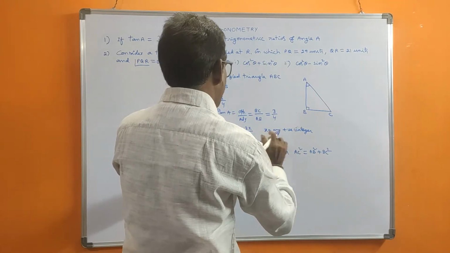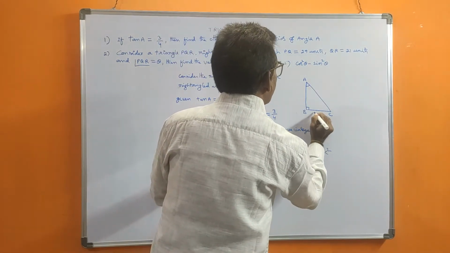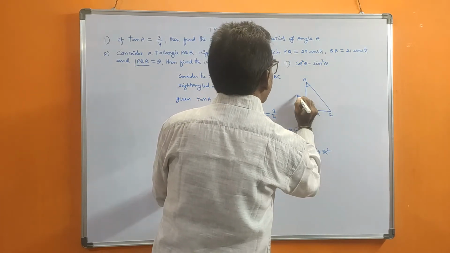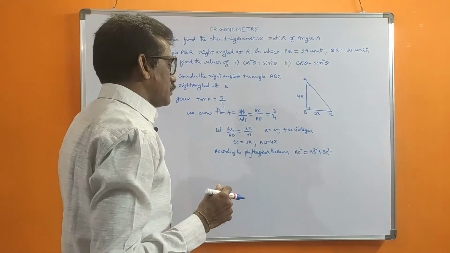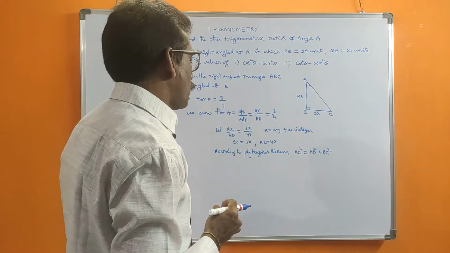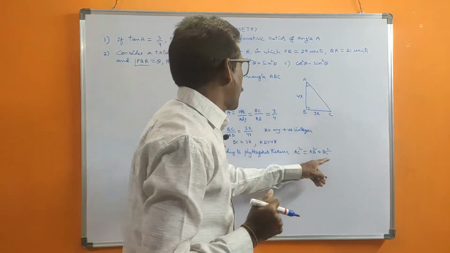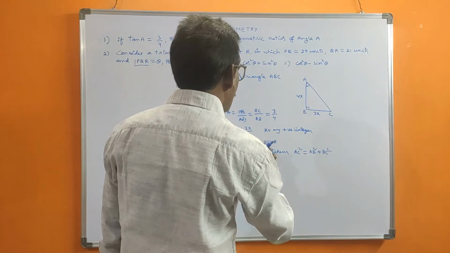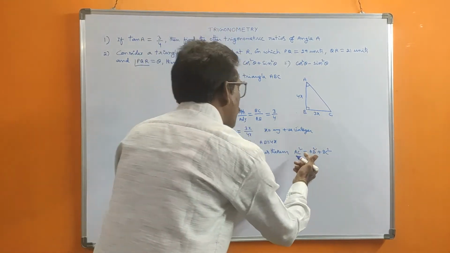Now BC is equal to 3x and AB is equal to 4x. We know BC and AB, so substitute the values.